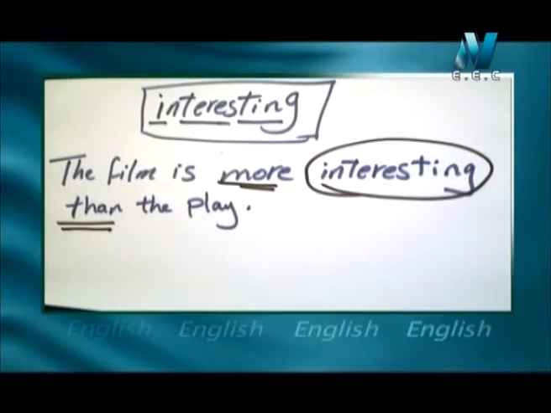So the comparative form, we have two cases. When the adjective is short and when the adjective is long. When the adjective is short, I will put the first subject, then verb to be, the adjective plus er, then and the second subject. But when I have a long adjective, I will use more before the adjective and then after the adjective.